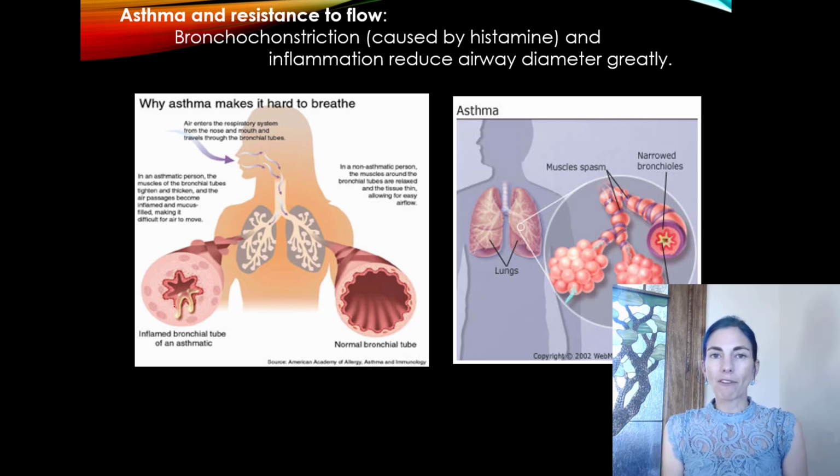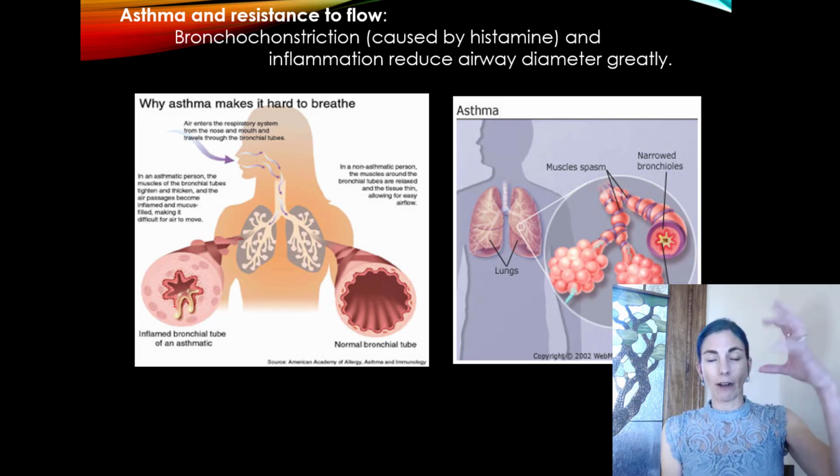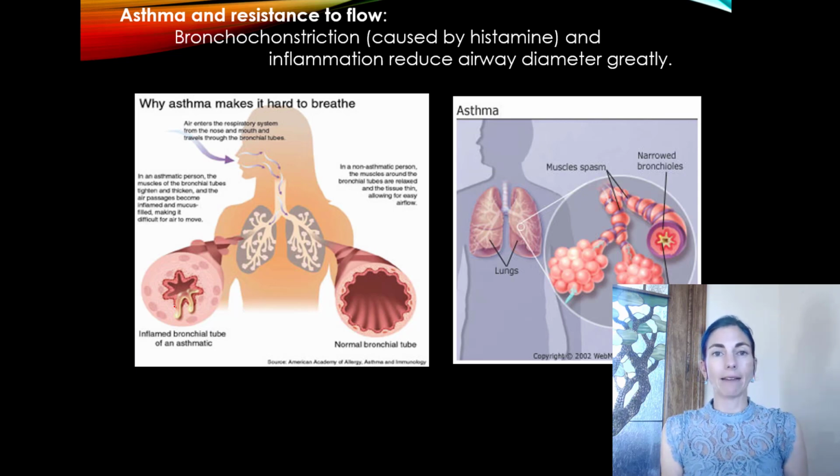Now the bronchioles have a pretty small diameter as it is, but if you constrict that diameter even more, you're going to increase the resistance of that tube and therefore make it more difficult to move air from out here and into your alveoli and back again. In other words, ventilation will become really difficult.